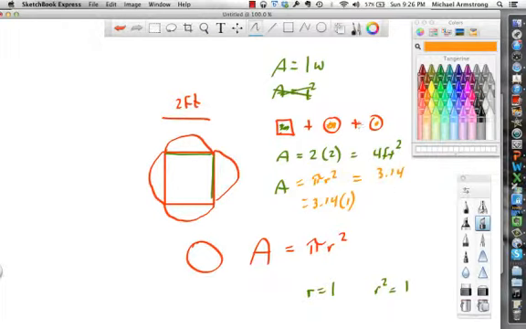So we have 3.14 plus 3.14. We end up with this all added together, and you can use a calculator for that. It's 4 plus 3.14 plus 3.14, and you should get 10.28 feet to the second power.